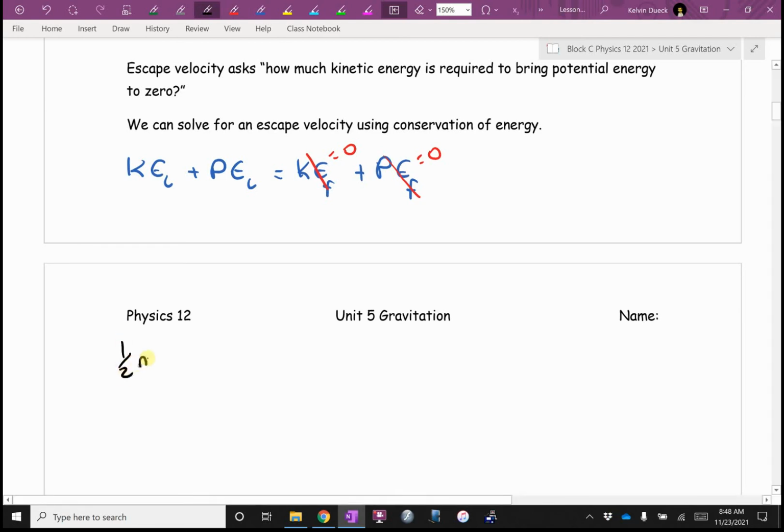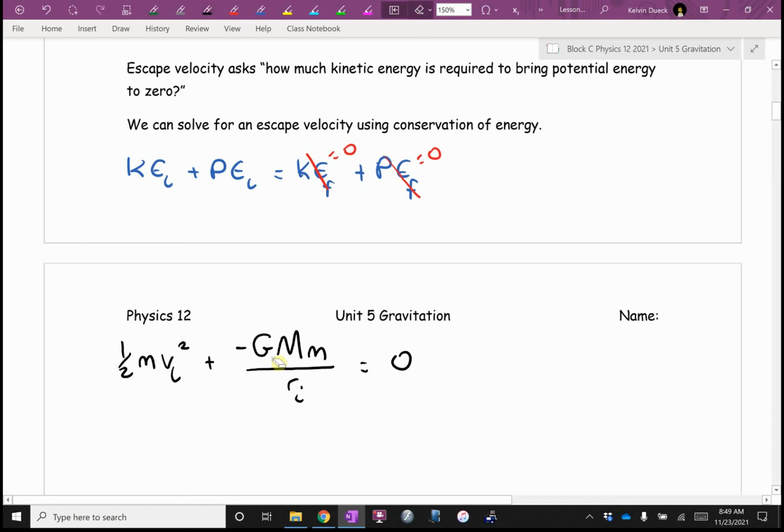So we get this: a half m v initial squared plus negative big G, big M, little m over r initial equals zero. Kinda strange. You know what?